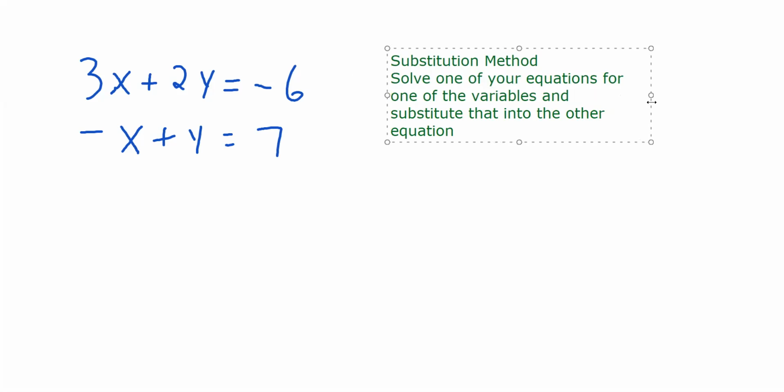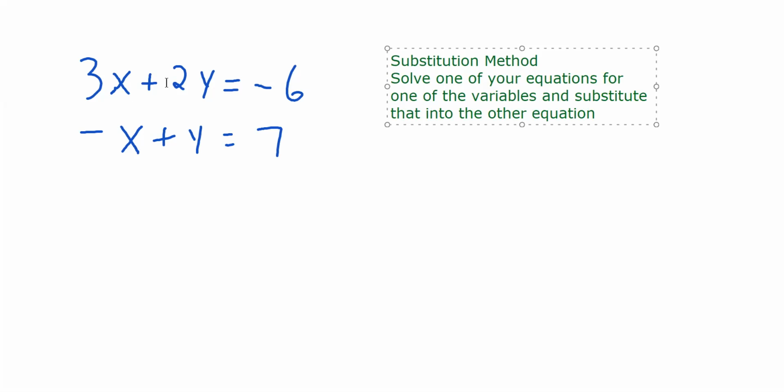In this case, the idea is that it would reduce the number of variables you have. So real quick, let's call this the original equation 1. This one will be the original equation 2.